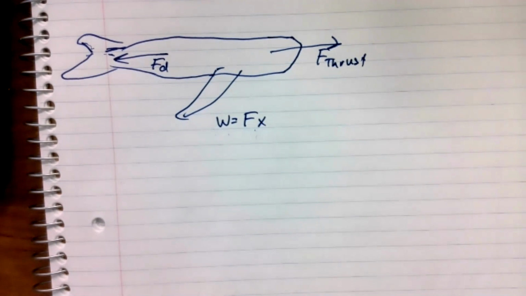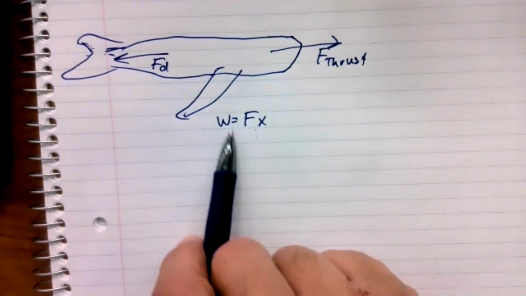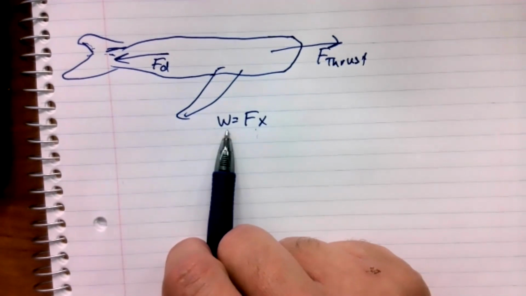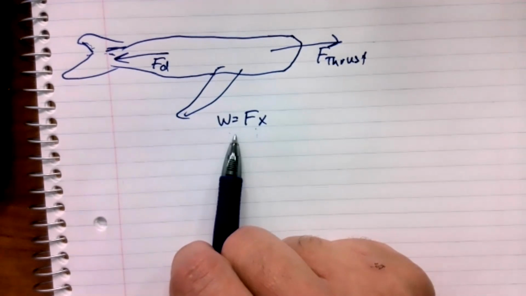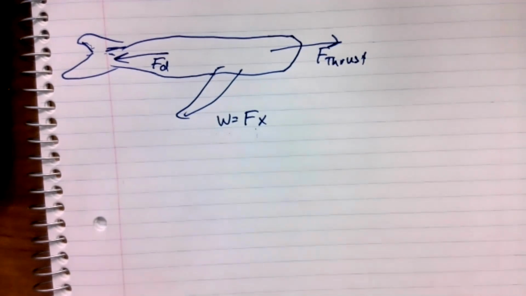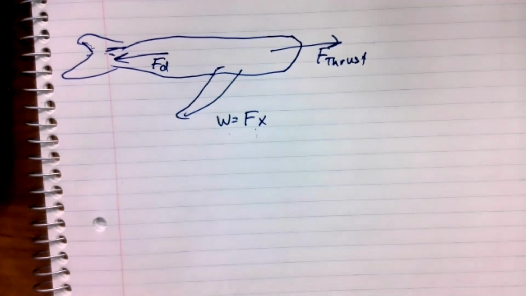So let's say that it could use 25% of its metabolic energy for thrust. Okay, so if this is the work it takes for just the whale to swim around, then we'll say, all right, there must be 70% more that it had to use to stay alive. So to move its muscles and to swim.